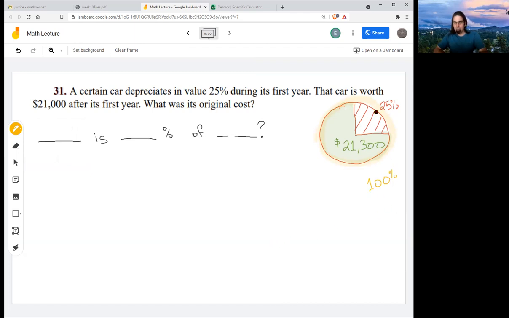So that means if I take that 100% and take away the 25% from the depreciation, then I have 75% is left over for the green slice. Does that make sense to everybody?